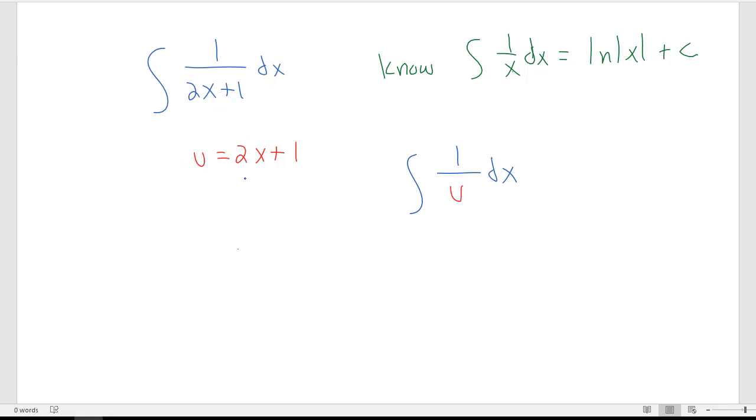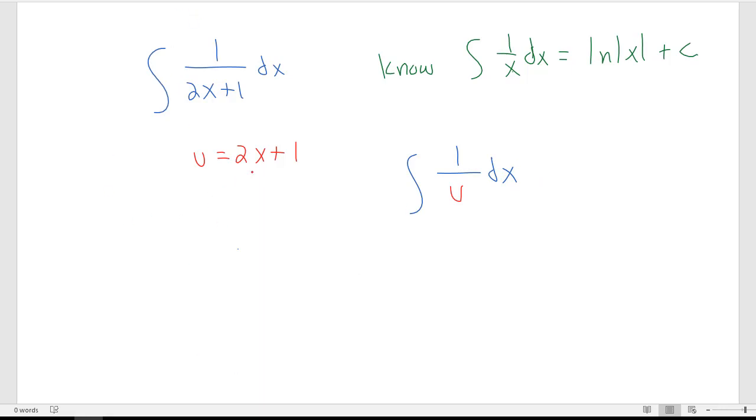Now when we do this substitution, my variable is u, but I'm supposed to integrate with respect to x. I have a mismatch in variables there. So what I need to do is get the dx in terms of the u variable. Here's how we're going to accomplish that.